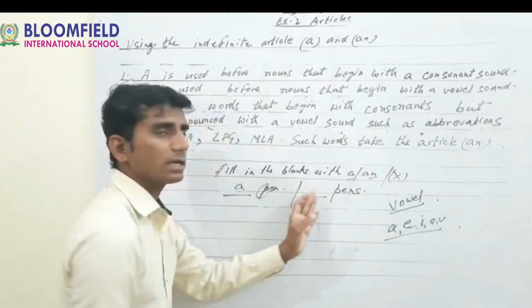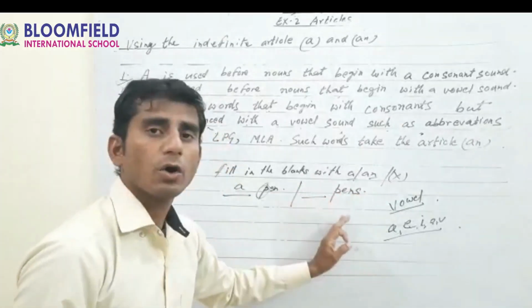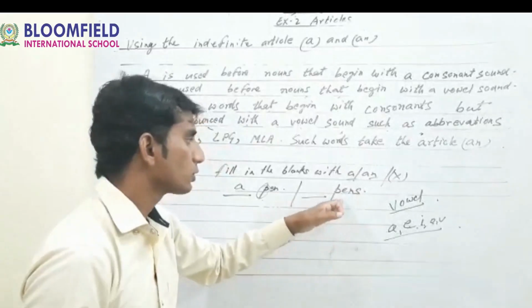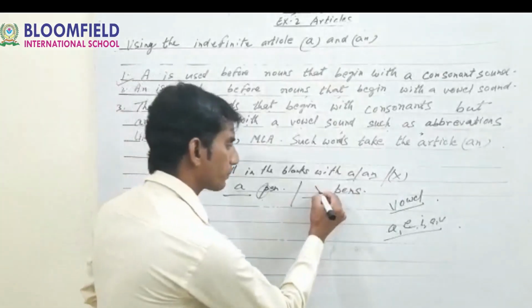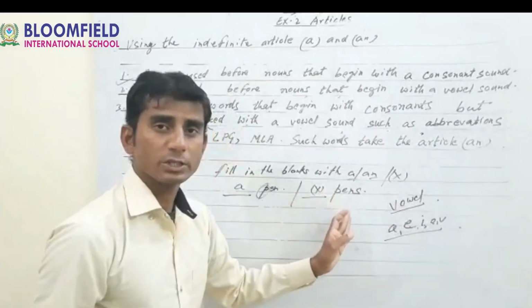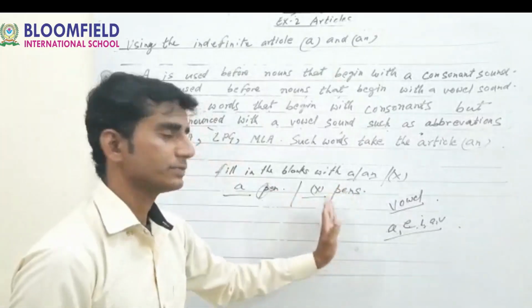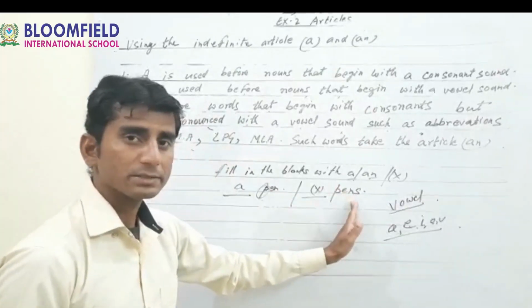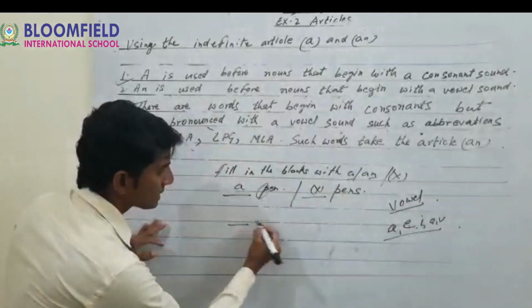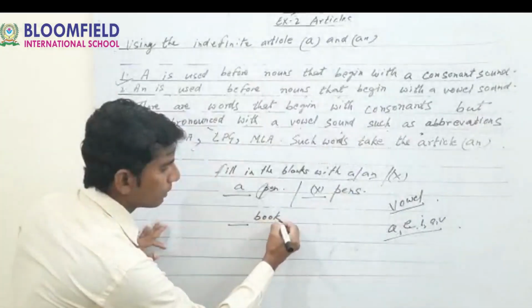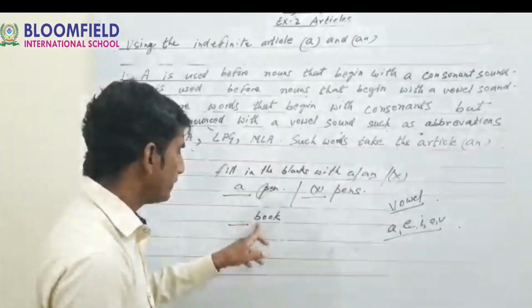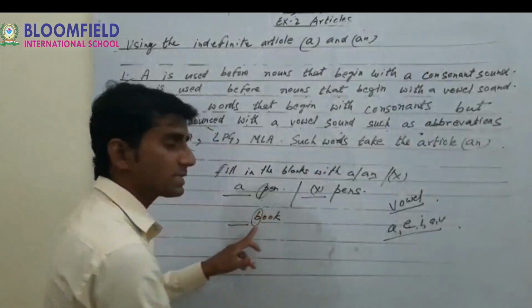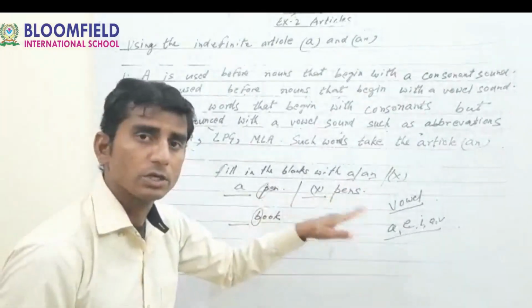First you have to see whether it is singular or plural. If the question is in plural, no article is used there. No article: pens. Okay, dash book, B-O-O-K. Here, is the word book starting with a consonant or a vowel?